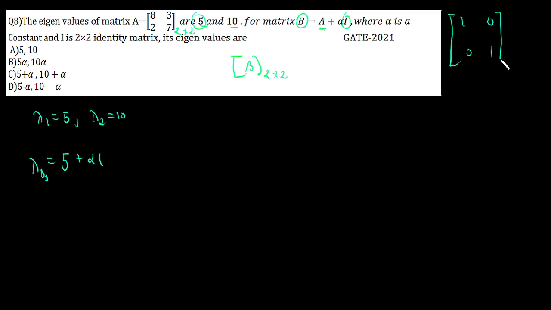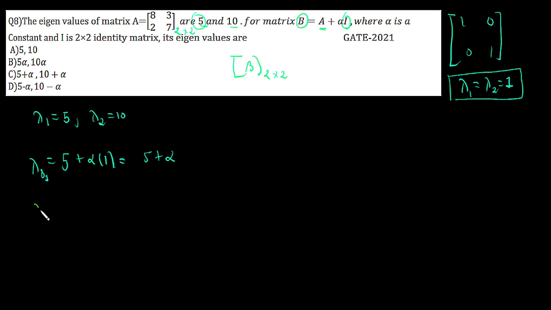And if you find the characteristic equation and then find all the roots of any identity matrix, it's nothing but 1, and simply it means that all the eigenvalues of any identity matrix are simply 1. So let's replace this identity matrix with 1. So I can say the first eigenvalue for this matrix B is nothing but 5 plus alpha.